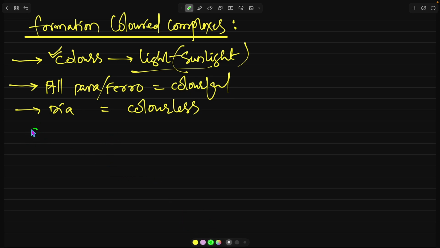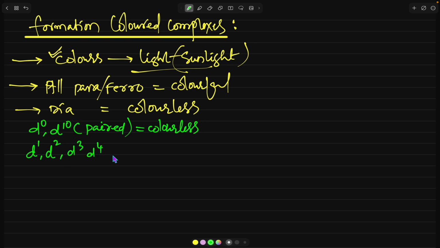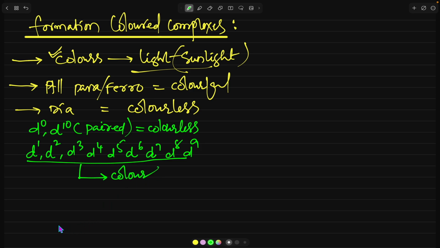If you have D0 configuration and D10 configuration, all electrons are paired here. All electrons are paired. These ones are colorless. They don't show any color. But electronic configurations corresponding to D1, D2, D3, D4, D5, D6, D7, D8, D9, these electronic configurations are responsible for the color of the complexes, right?